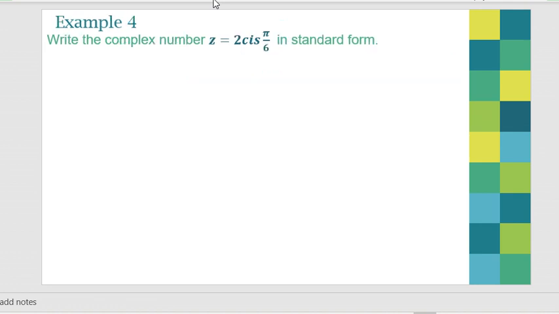All right, example 4. Now what is the cis? This is the same thing as cosine pi over 6 plus I sine pi over 6. So the cis comes from the C, the I, and the S. Okay? Pi over 6 is located, hold on, I got to do this in my head.